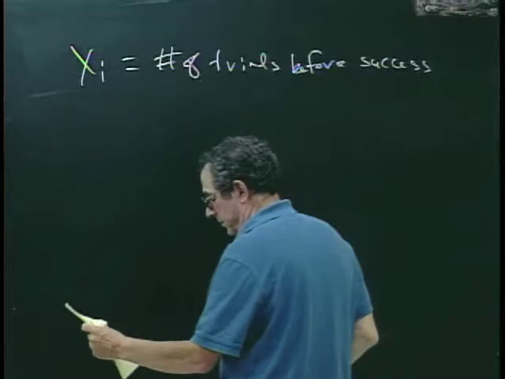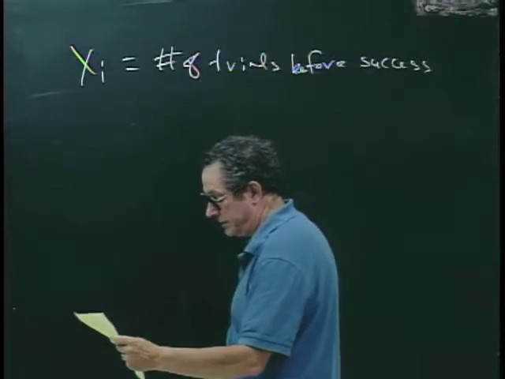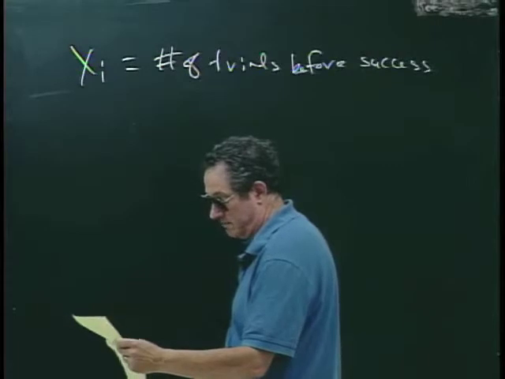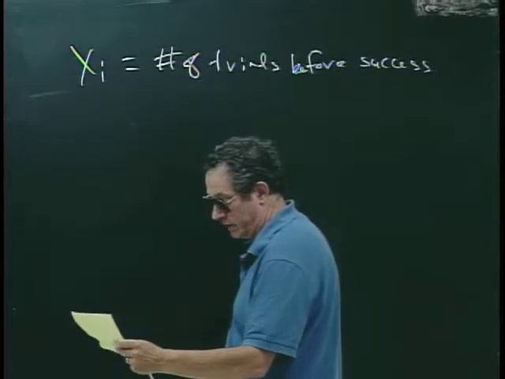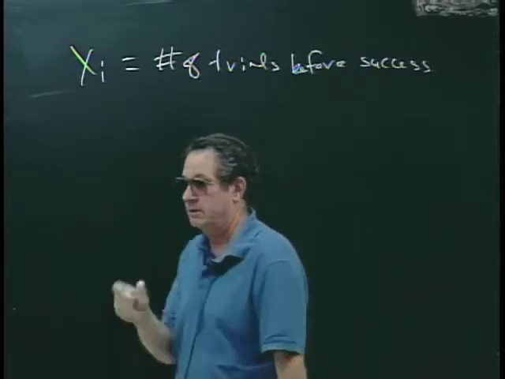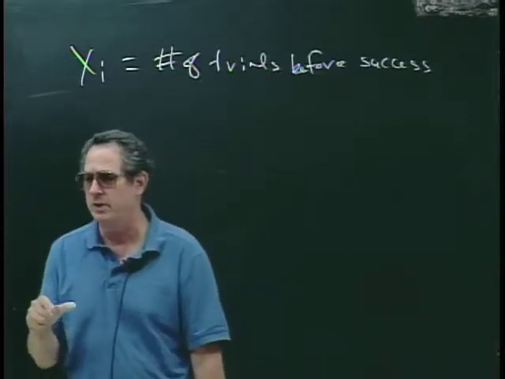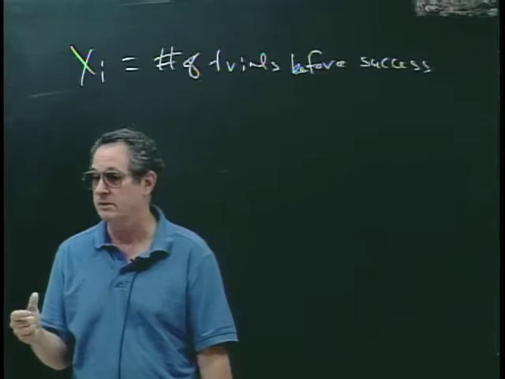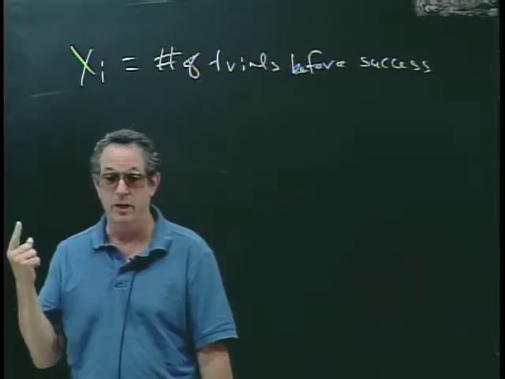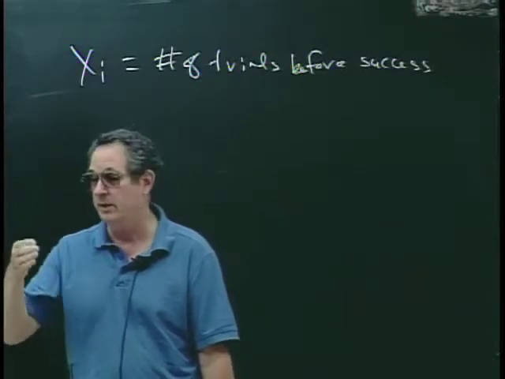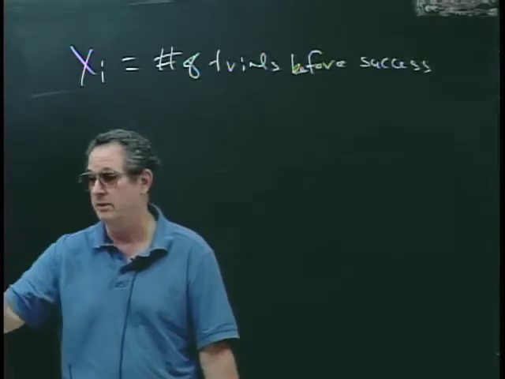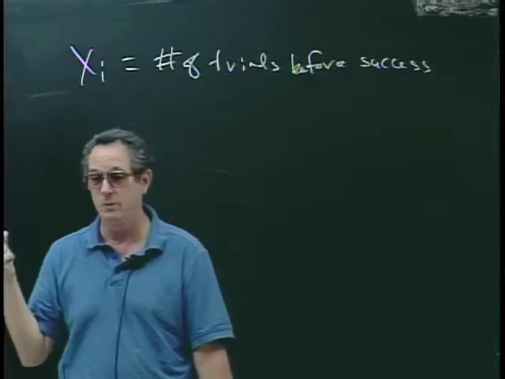I have to be careful. Do I want trials before success or trials until success? We'll have to be careful when we do the analysis. What's the difference between the number of trials before success and the number of trials until success? One trial. Right? It's just, am I looking at the number of trials just before there was a success, or the number of trials including that last trial when there was a success?